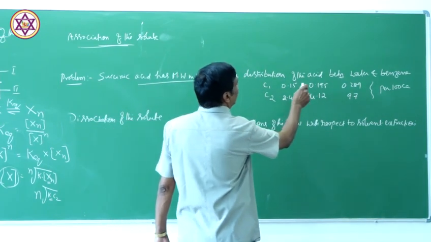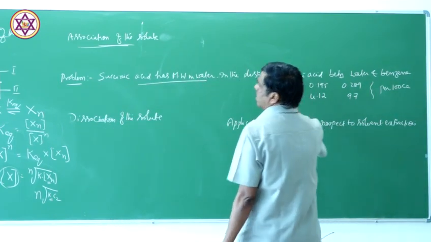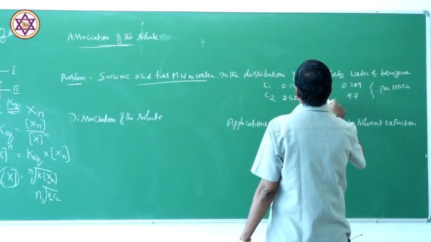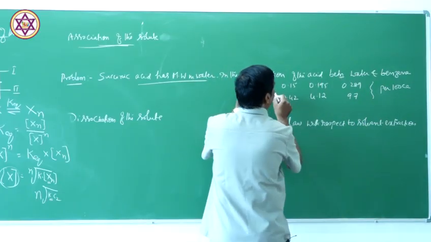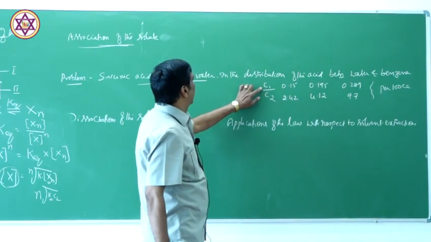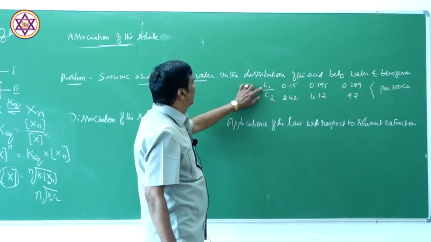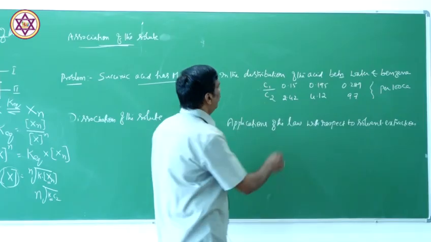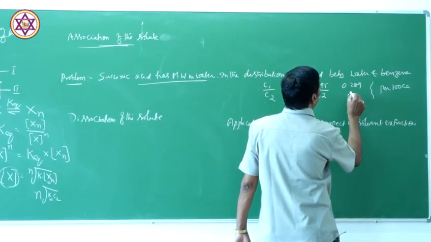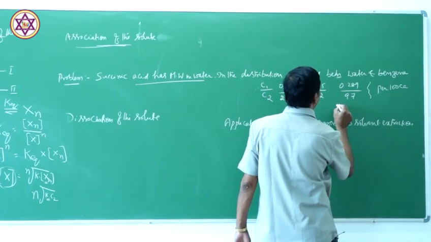In the distribution of succinic acid between water and benzene, the concentrations of succinic acid in benzene are 0.15, 0.195 and 0.289, against 2.42, 4.12 and 9.7 in water.